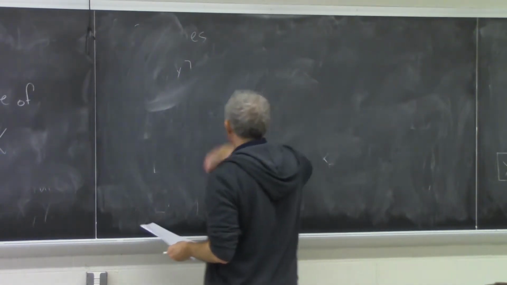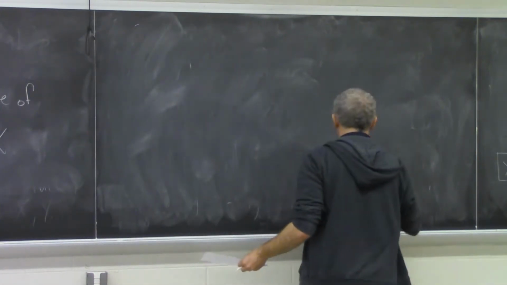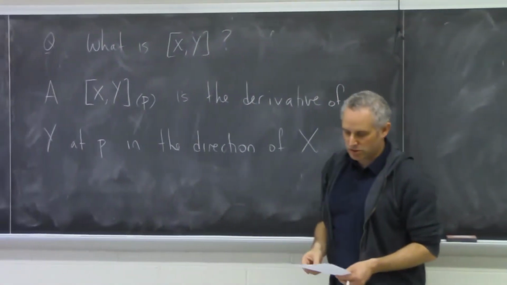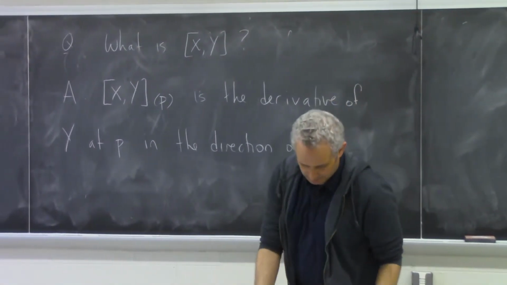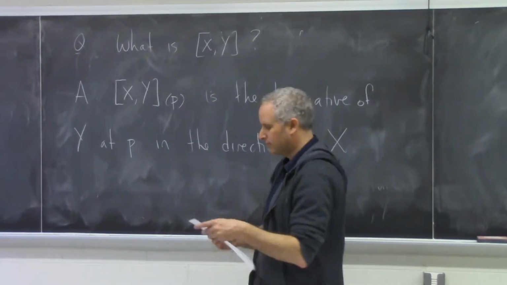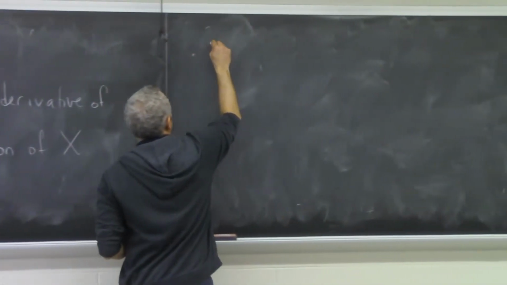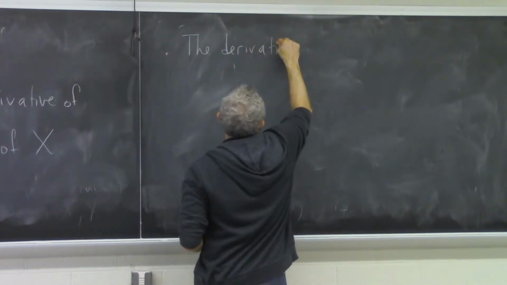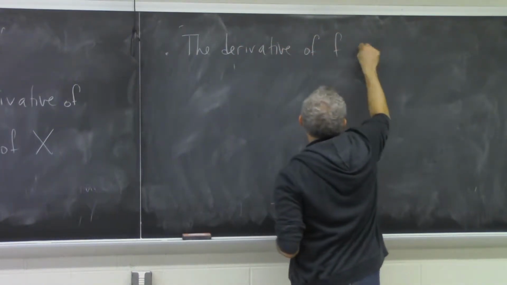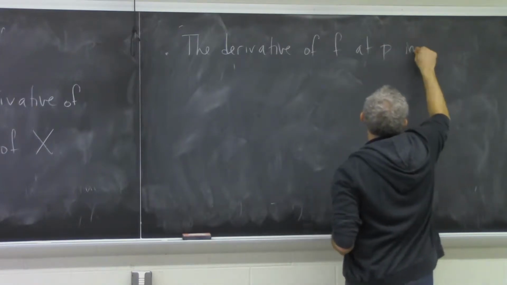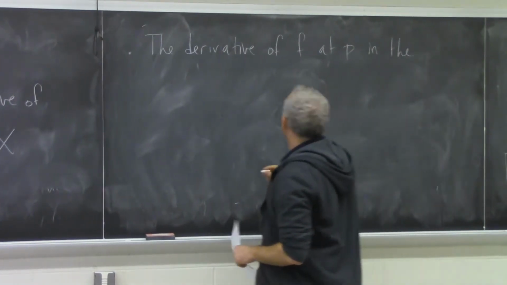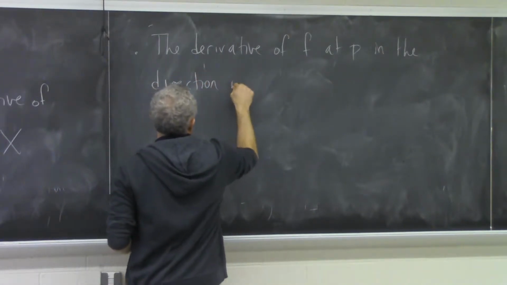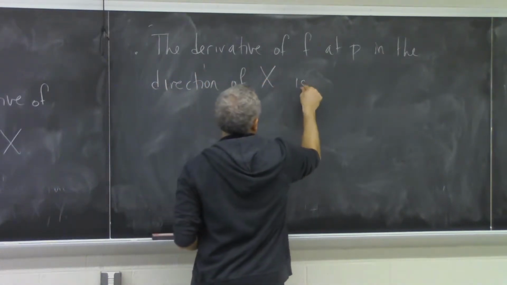Let's first remind ourselves what we know about directional derivatives and try to enlarge that picture so that it eventually involves vector fields. So what do we know? We know that the derivative of a function in the direction of a vector field, well, we have a name for that.